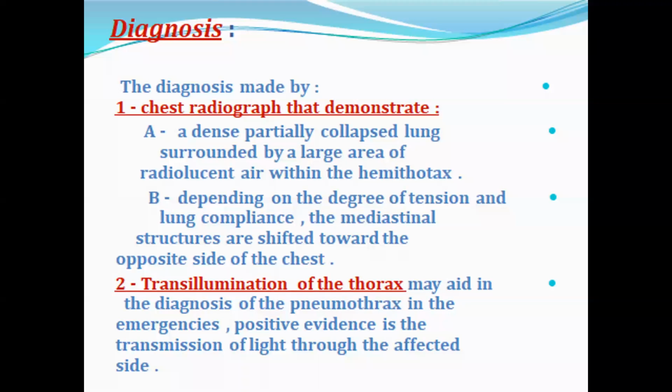We can use another tool of investigation regarding pneumothorax. Transillumination of the thorax may aid in the diagnosis of pneumothorax in emergencies, of course. Positive evidence is the transmission of the light through the affected side because there is no lung tissue at that side.